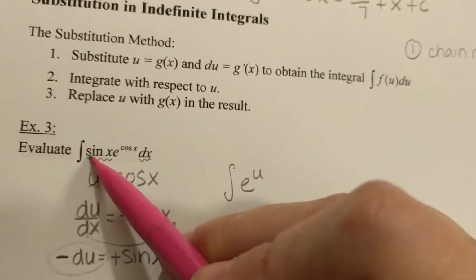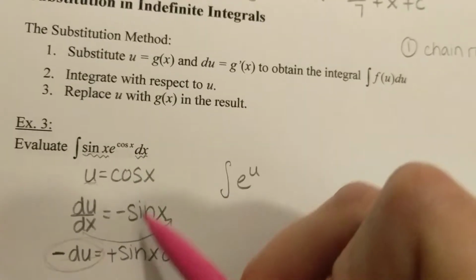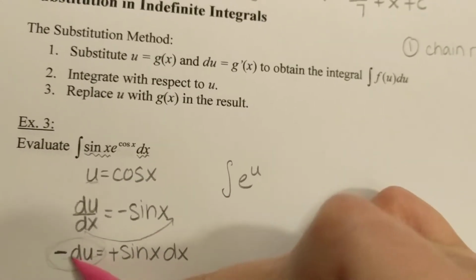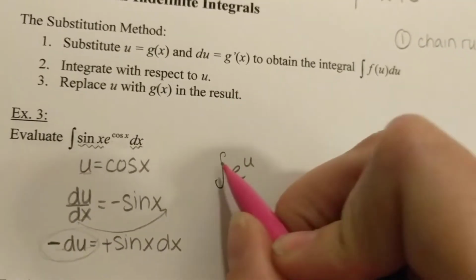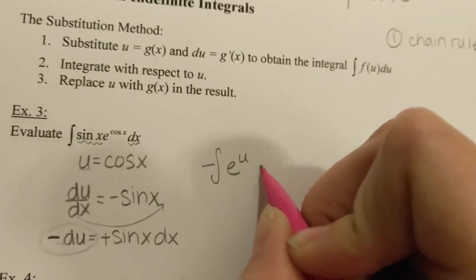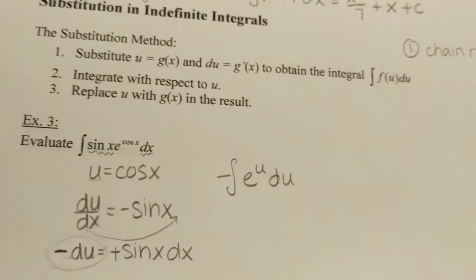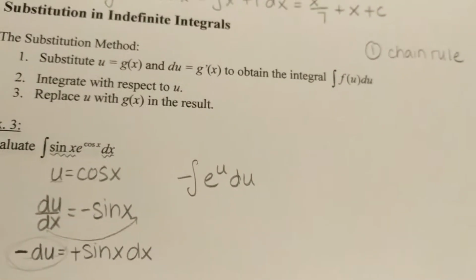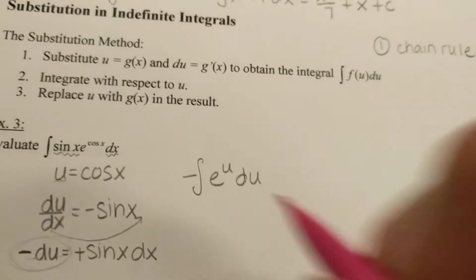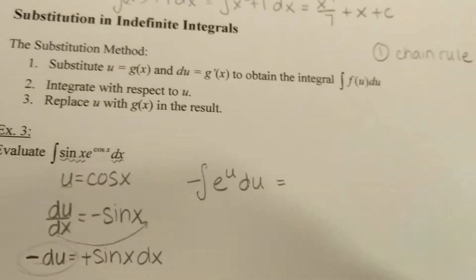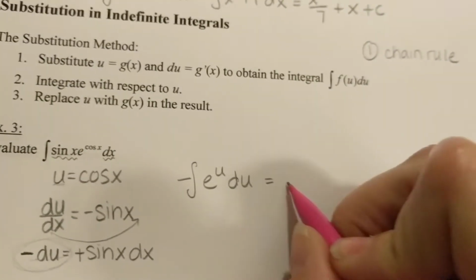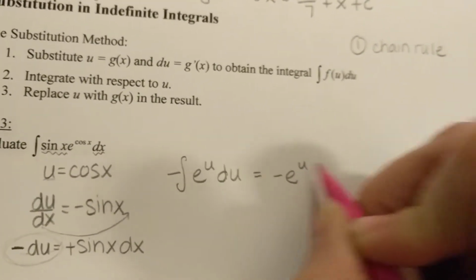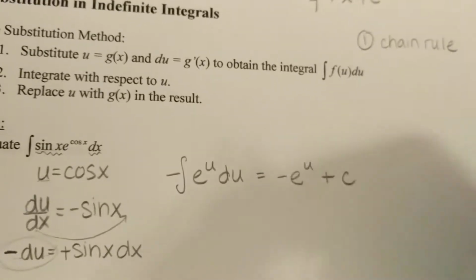And then all of this, sine of x dx, gets replaced with negative du. I'm going to put the negative out front and the du out here. Now that is easy to integrate. So the antiderivative here is negative e to the u plus c.